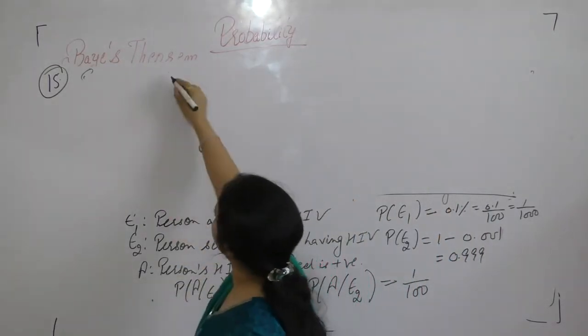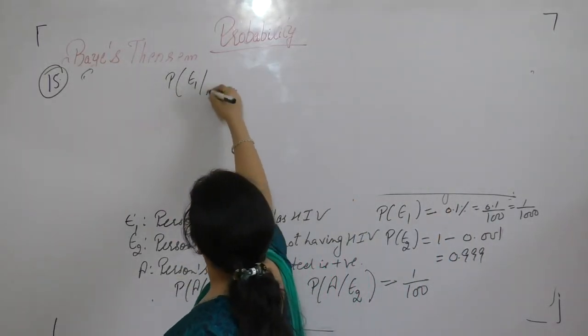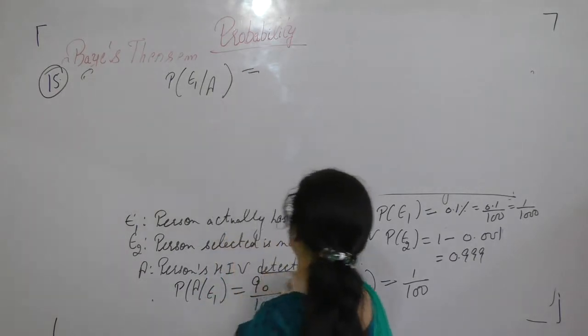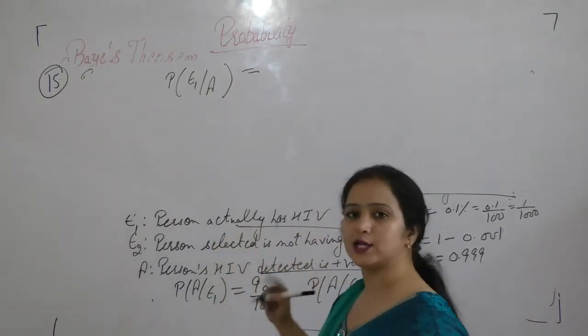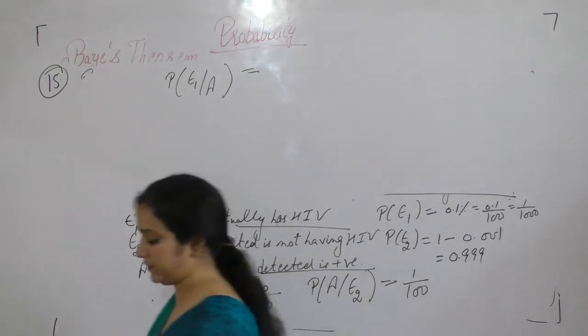So the required probability is E1 upon A, detect positive हुआ है और actually भी उस person को HIV है.